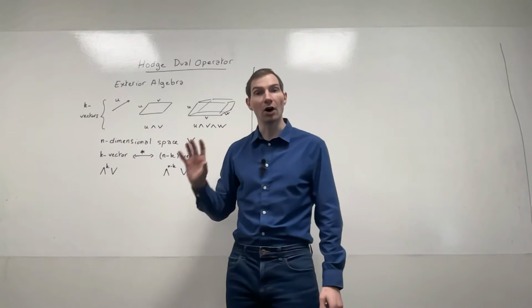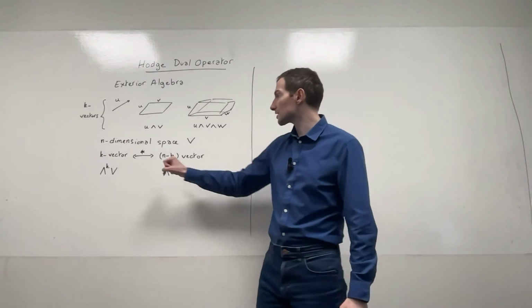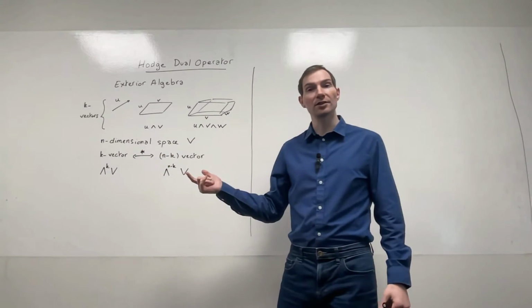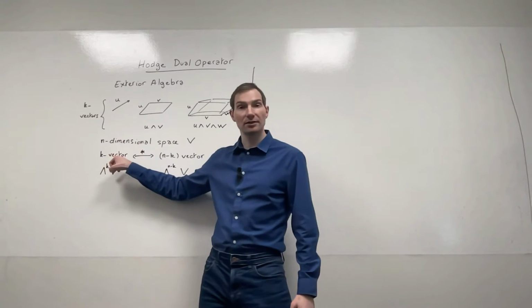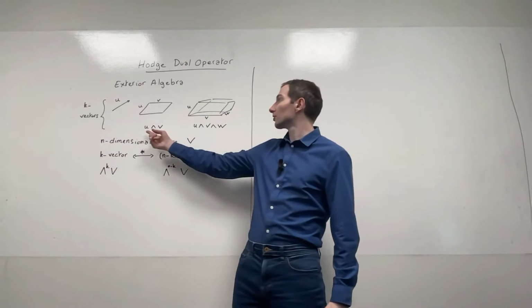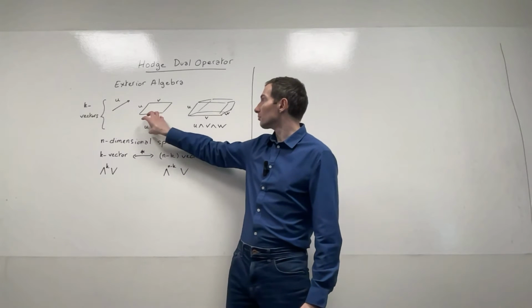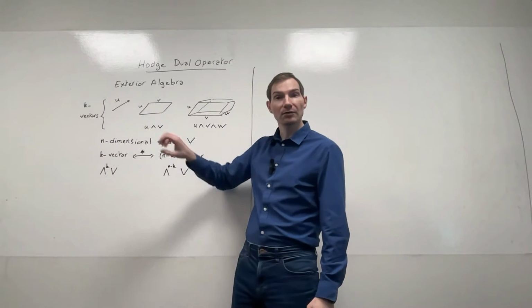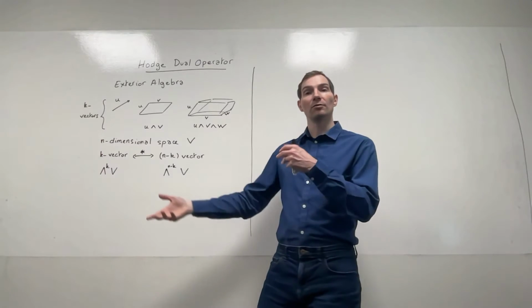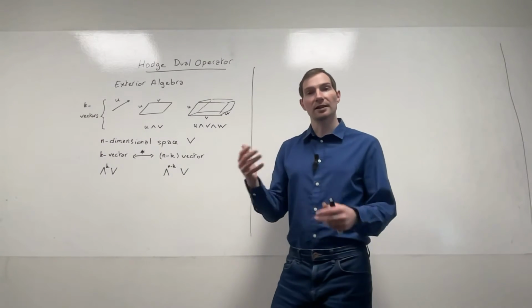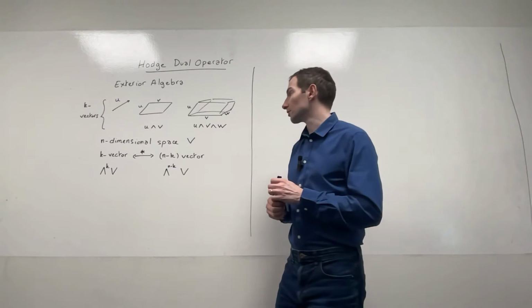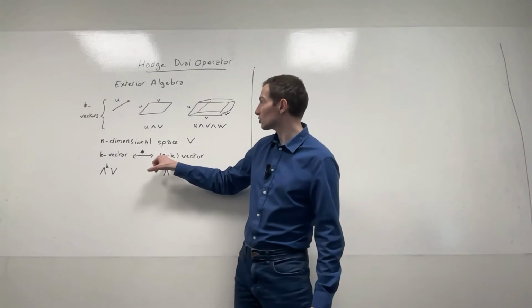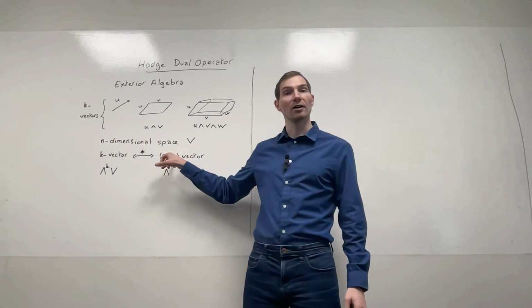Now, what the Hodge dual, which is called the star operator, actually does is that it connects the space of the k vectors, let's say these two vectors here, to a dual space that has, not necessarily a lower dimension, by the way, but a dimension of n minus k vectors.